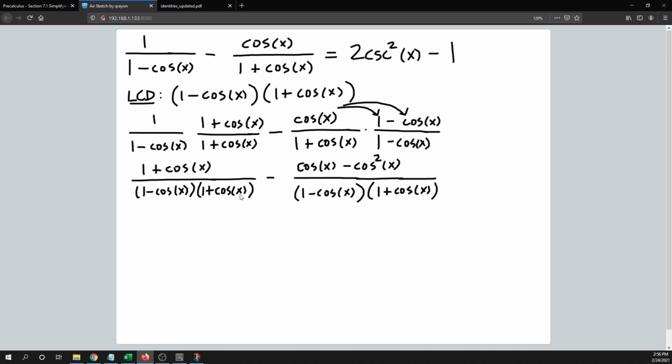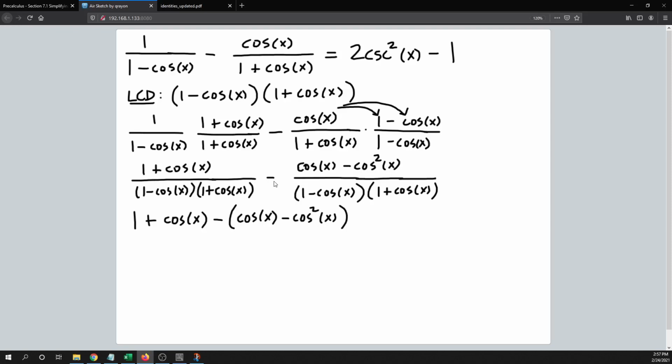So when I go to subtract these, it's going to be 1 plus cosine x minus (cosine x minus cosine squared x) on top. And you may notice I put the entire numerator of the second fraction inside parentheses.